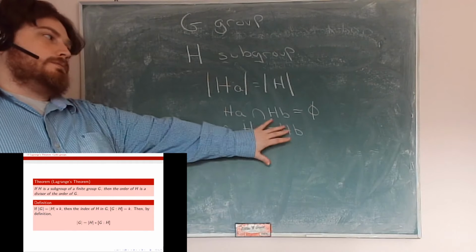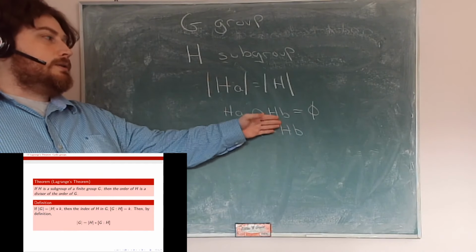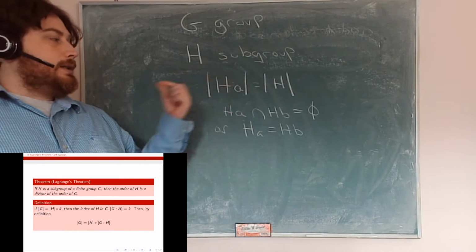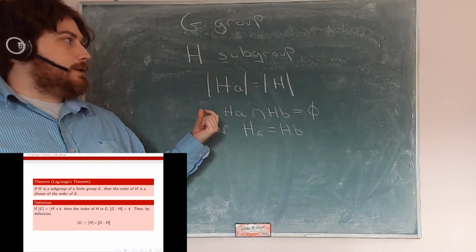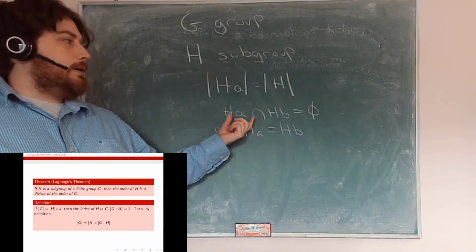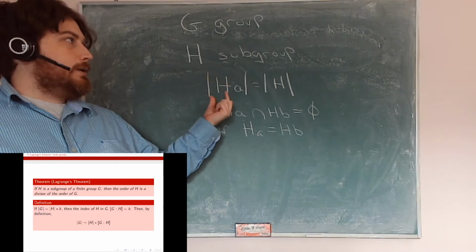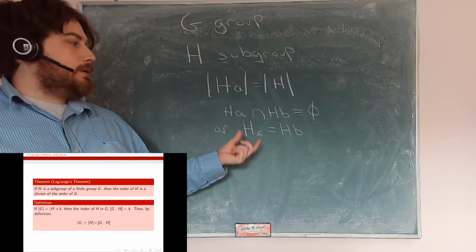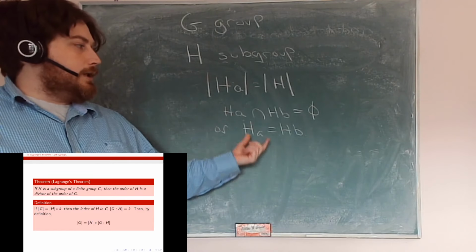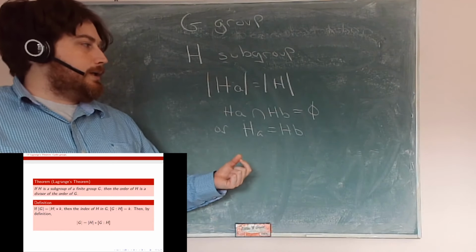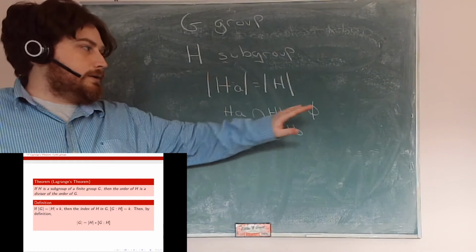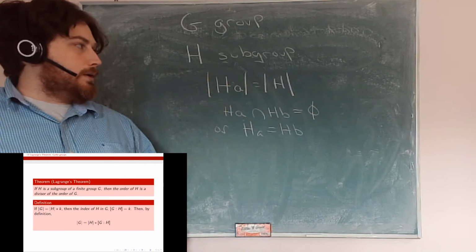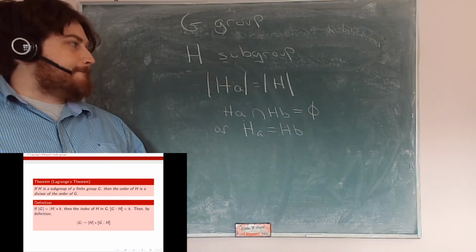We proved this explicitly, but we also showed that having the same right coset is an equivalence relation. So therefore the right cosets form a partition, and the intersection between any two distinct ones is empty. So either your intersection is empty or they're the same right coset.